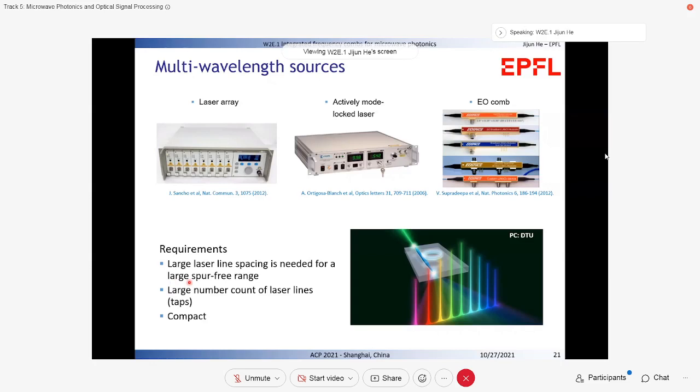We also appreciate a large number of laser lines because it is basically the number of filter taps. And of course, we want the source to be as small as possible. So all this naturally comes down to the integrated microcombs, which not only provide compact solutions, but also have a very large comb spacing and many comb lines as the filter taps.